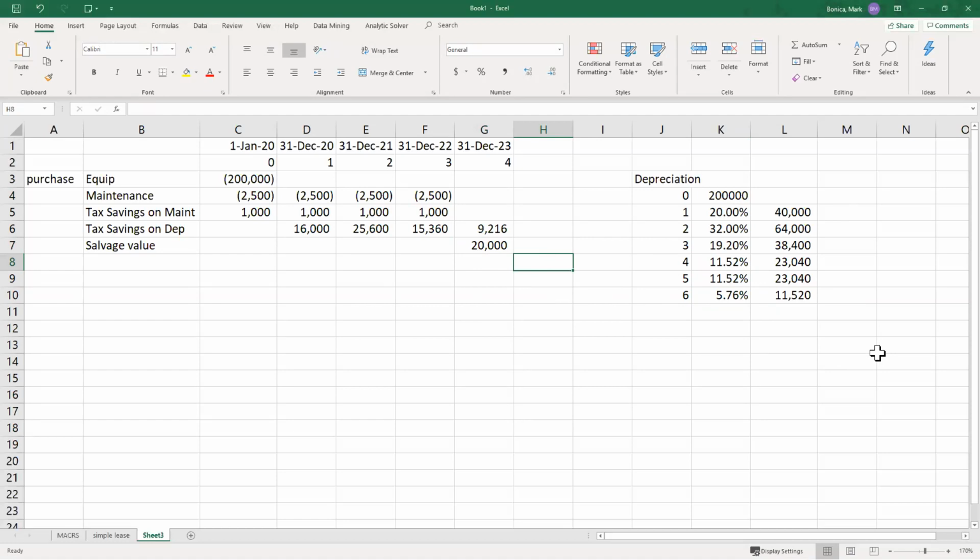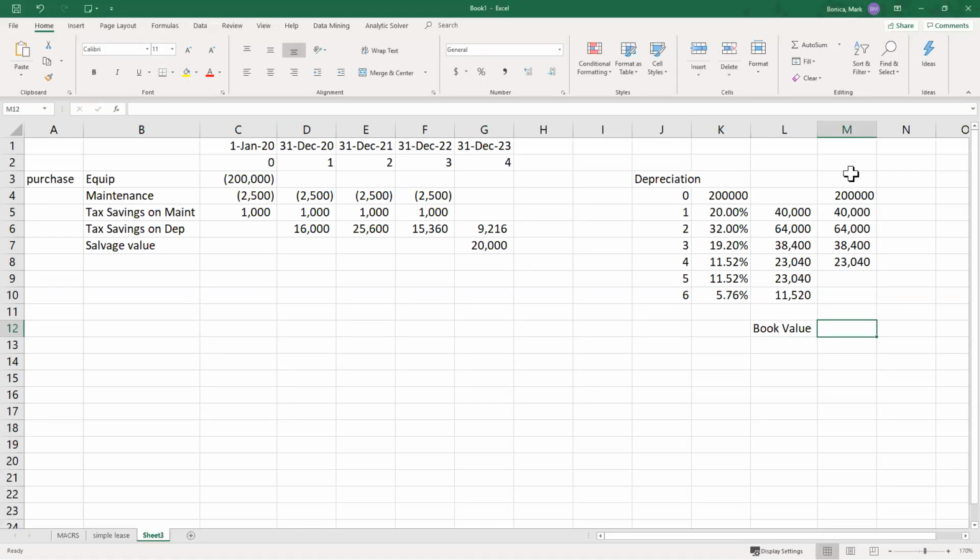And what does the IRS say the equipment we own is worth? Well, according to the IRS, we bought the equipment for $200,000, and then we took $40,000, $64,000, $38,000, and $23,000.